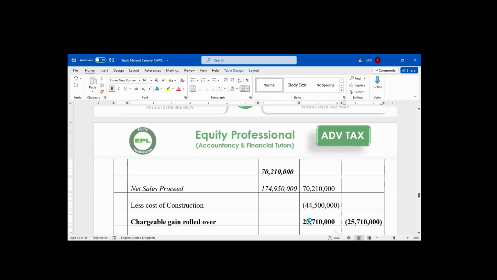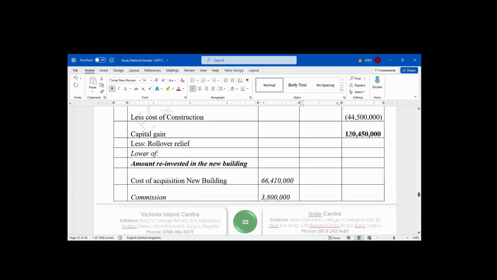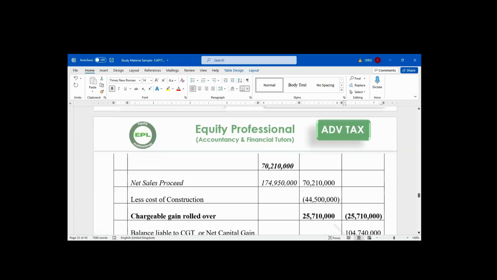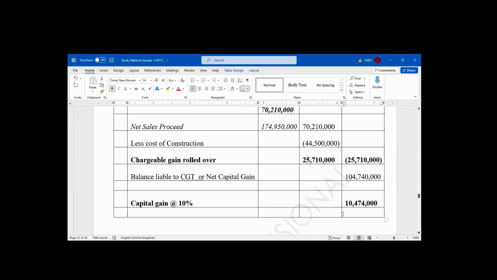That is the rollover amount, or capital gain rollover. You minus it from the capital gain at the top to get your net capital gain, then apply your 10% on it. Do you understand?